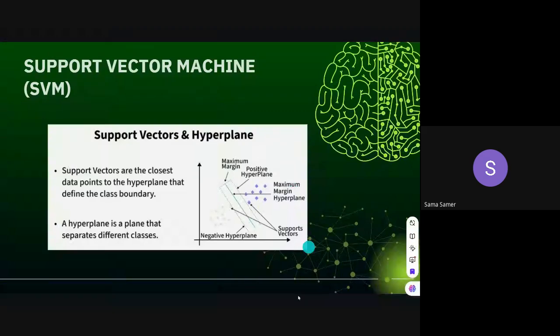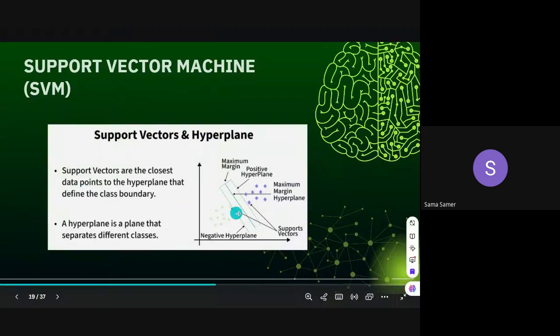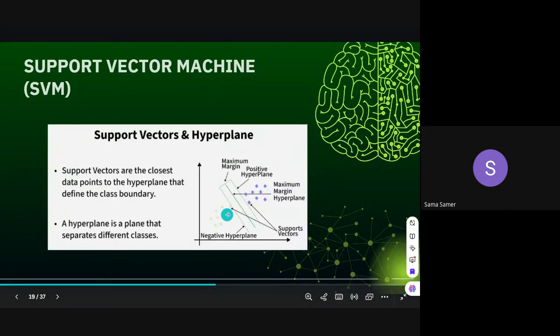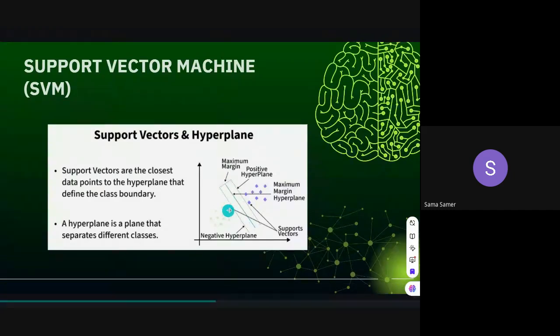And this is what I was talking about. A support vector is what is closest to this line and this line. The goal here is to maximize the margin between the positive margin and the negative hyperplane margin. Say I have squared points and round points, and I have three sheets, and these three sheets must be the margins.